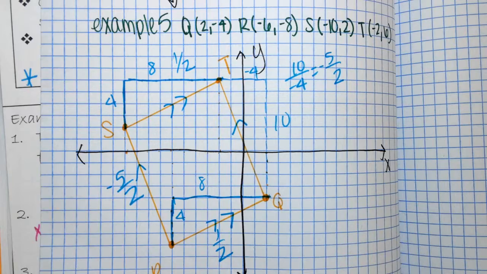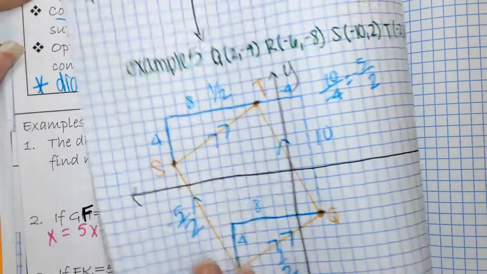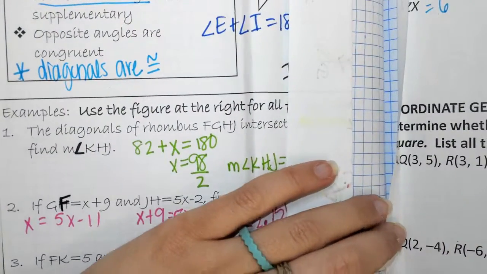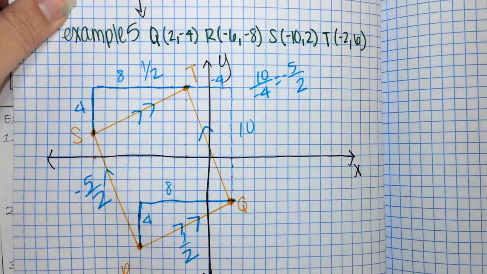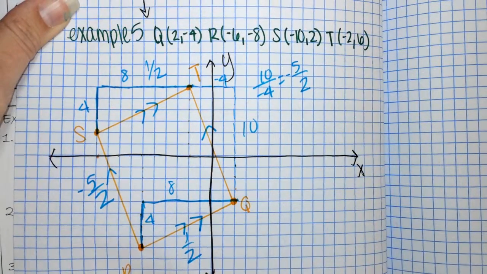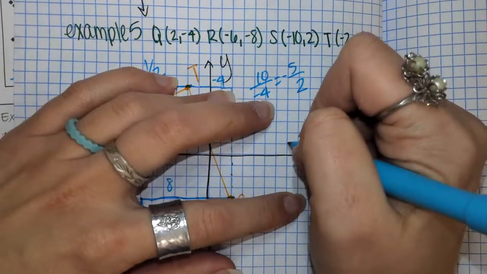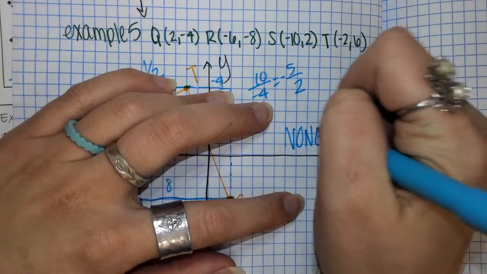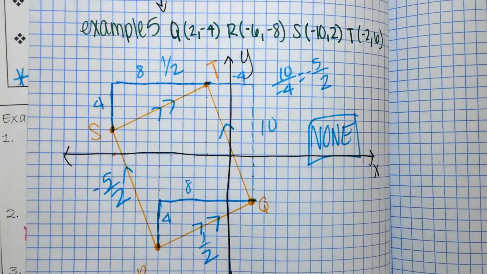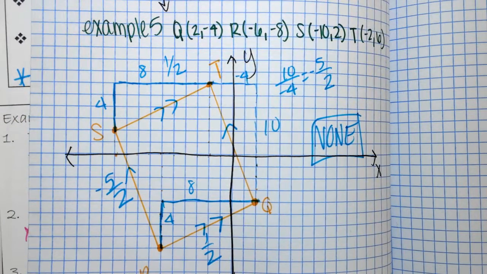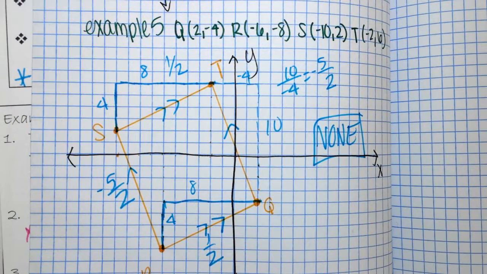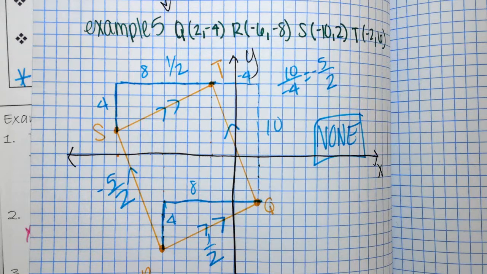Is that 2/5? No. The answer is either rhombus, rectangle, or a square. Is it any of those things? A rhombus has to have all congruent sides. Do we have all congruent sides? So this is none. What would you call it? A parallelogram, because opposite sides are parallel, right? Yeah. So it's a parallelogram.